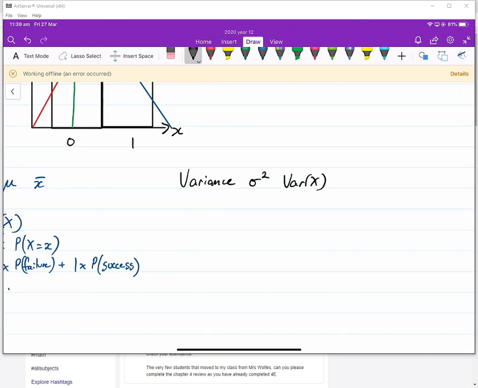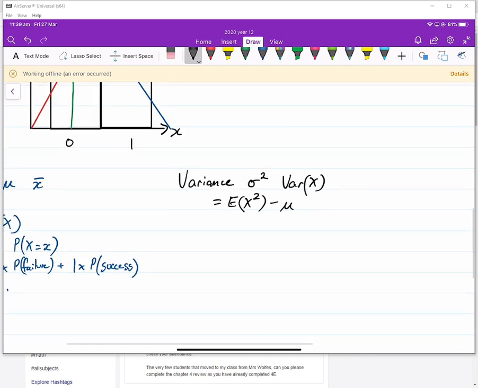So if we look at our formula sheet, I hope you've got it in front of you, the variance of x is found as the expected value of x squared minus mu squared. I'm just looking at my formula sheet here.